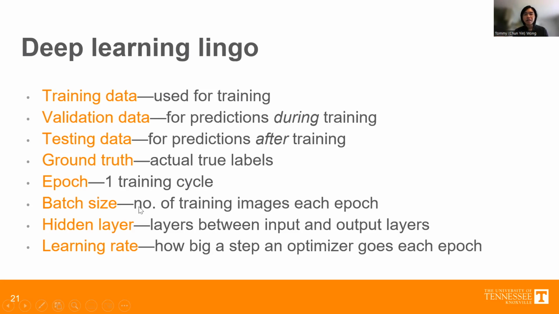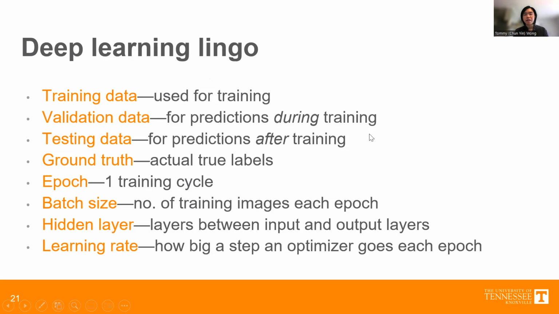Batch size is the number of training images for each epoch. So for example, if you have 20 training images, then you could set the batch size to be 8. So each epoch, it will simply randomly take 8 of those images and use them for training.